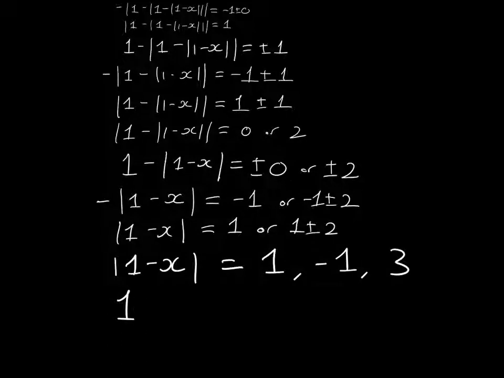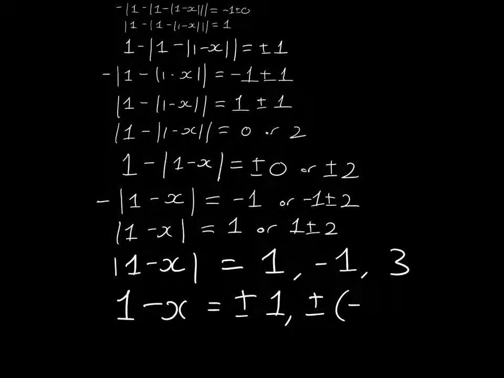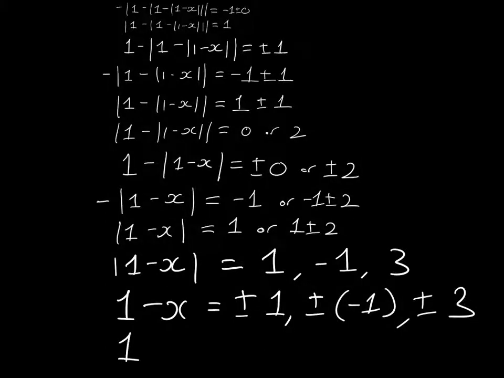Now we have 1 minus x can be, so you plus or minus everything. And then simplify. So plus or minus negative 1 is the same as plus or minus 1. So we'll just keep it as plus or minus 1 and plus or minus 3.